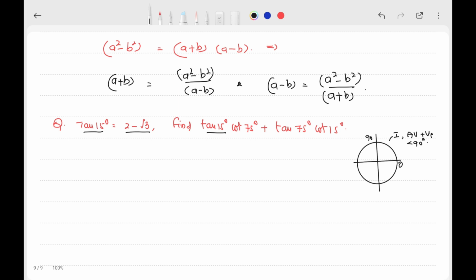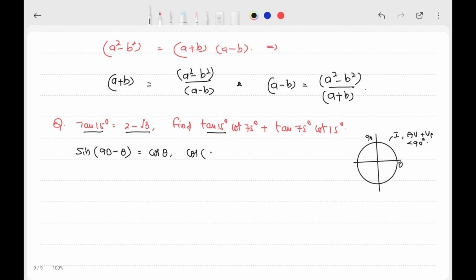Now, tan 15 value is given. Can you please remember my previous lectures? What they say? Sin 90 minus theta is equal to cos theta for the first quadrant.